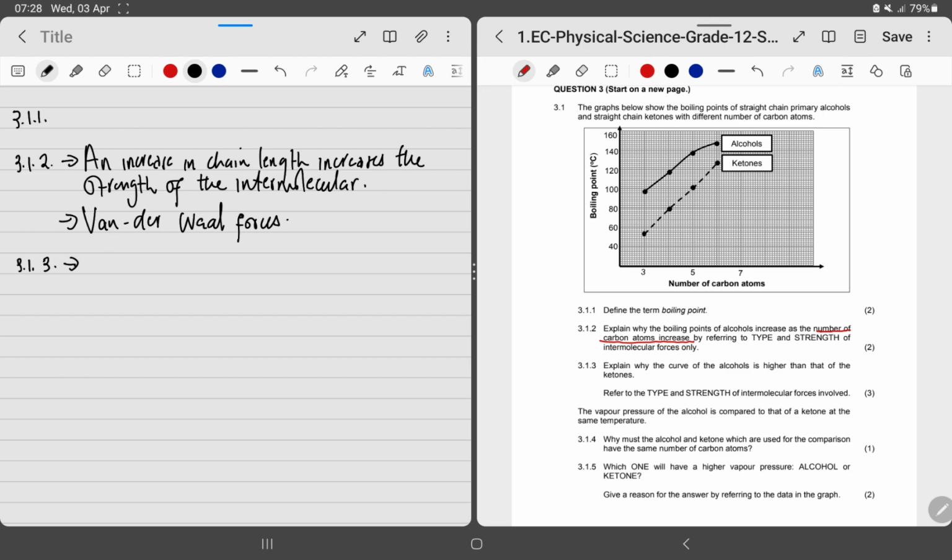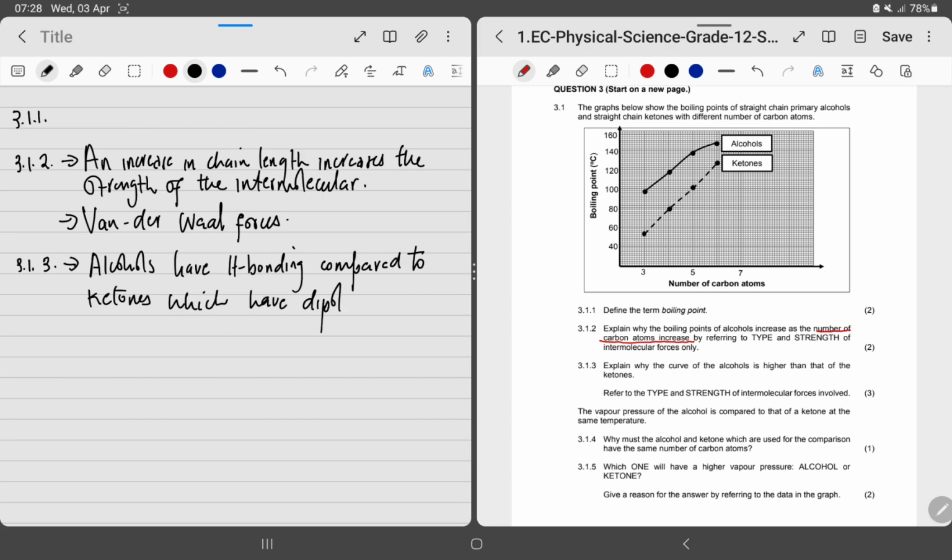Well, first of all, alcohols have hydrogen bonding compared to ketones, which have the dipole forces.